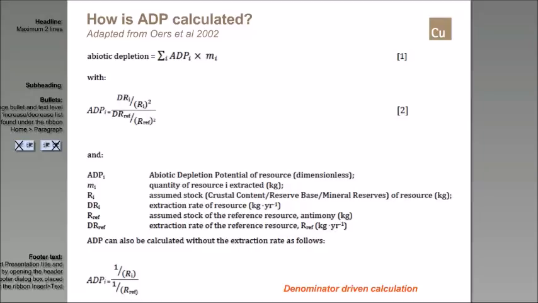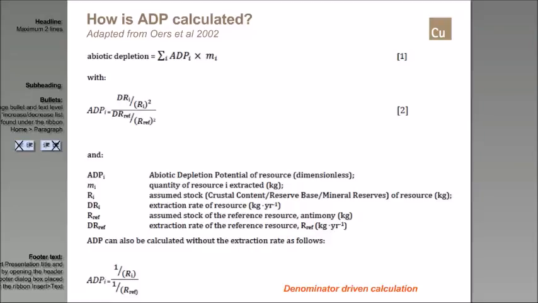But essentially, as you can see, the calculation is the abiotic depletion potential of the resource: the quantity of the resource that's been extracted, so the amount per functional unit, the assumed stock of the resource, the extraction rate of the resource, and the assumed stock of the reference resource, which in this case is antimony.